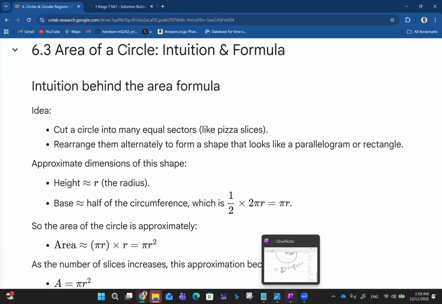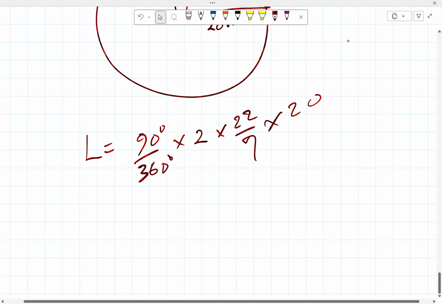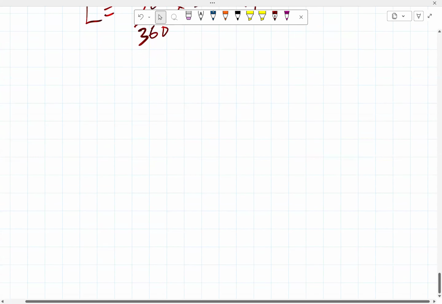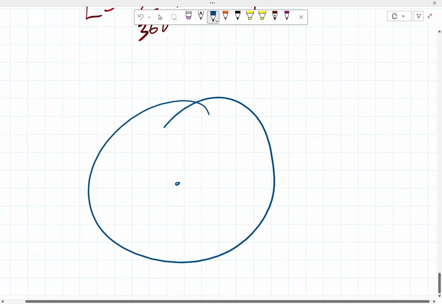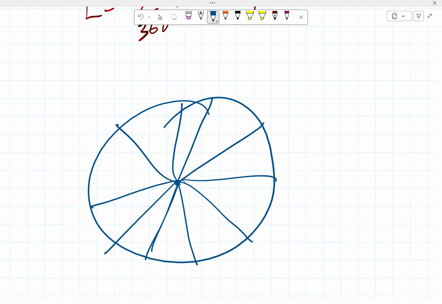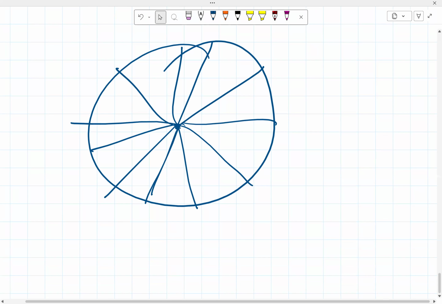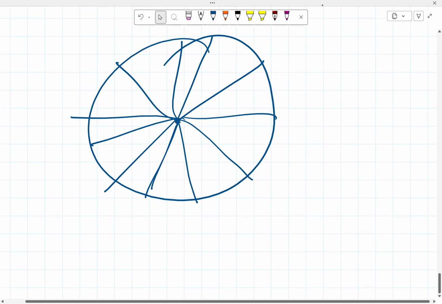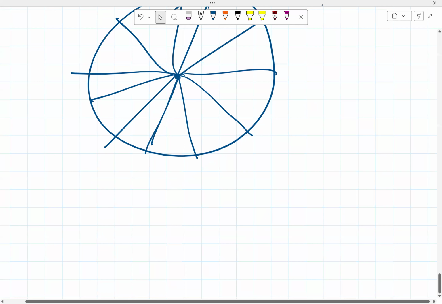What this is simply telling us is, to demonstrate the area of a circle, you have this circle, and this is the center. Imagine that it's a pizza, and you cut it into several parts like that. Having cut it into several parts, you now stack things up.